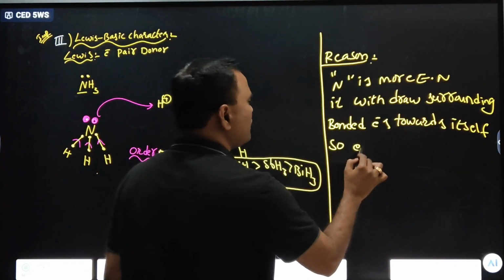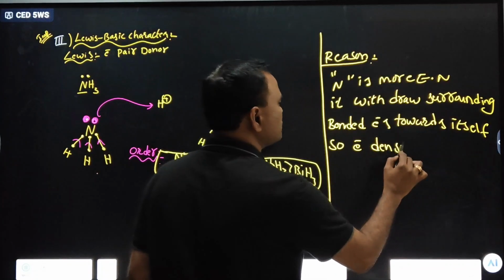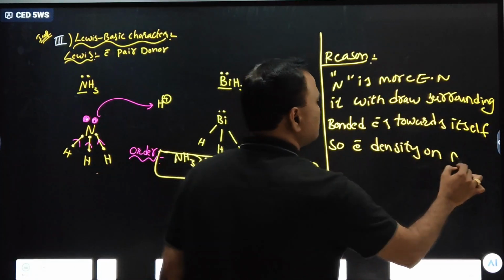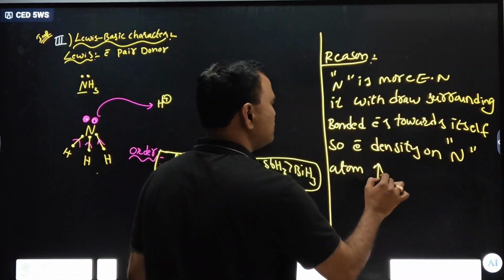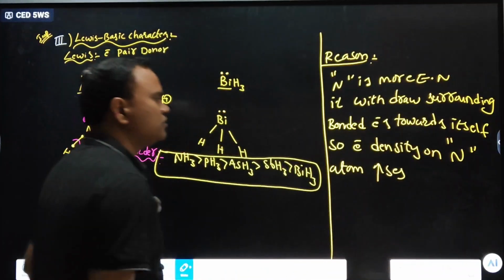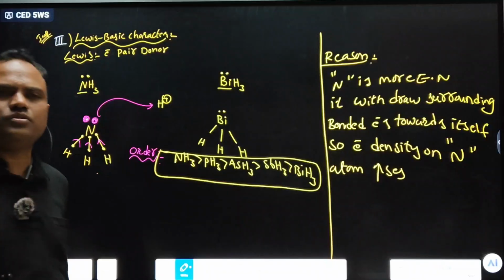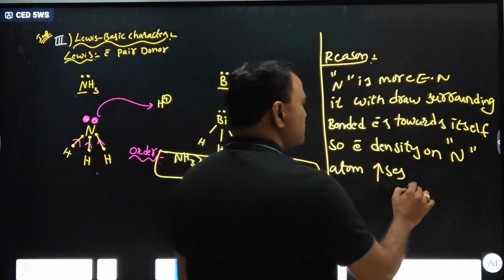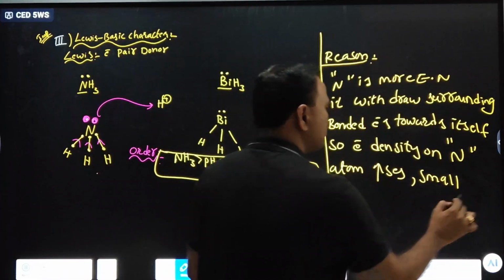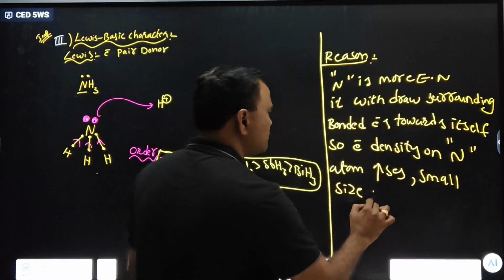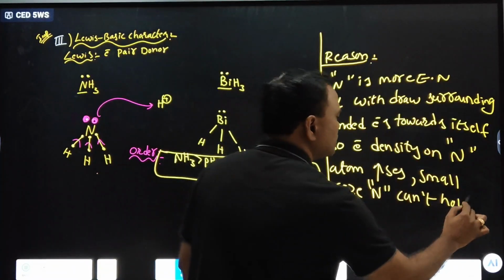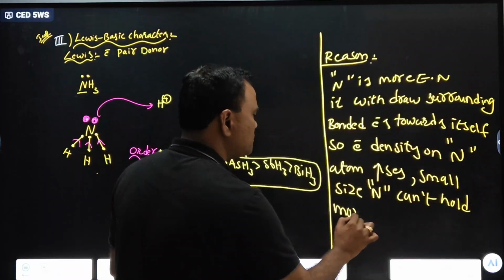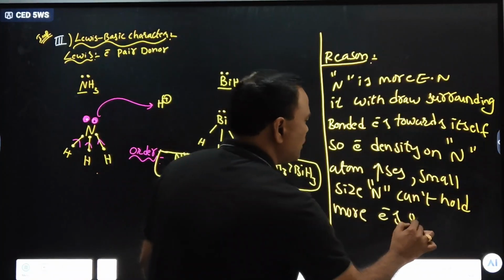So electron density on the nitrogen atom increases. Small size nitrogen cannot hold more electrons on it.